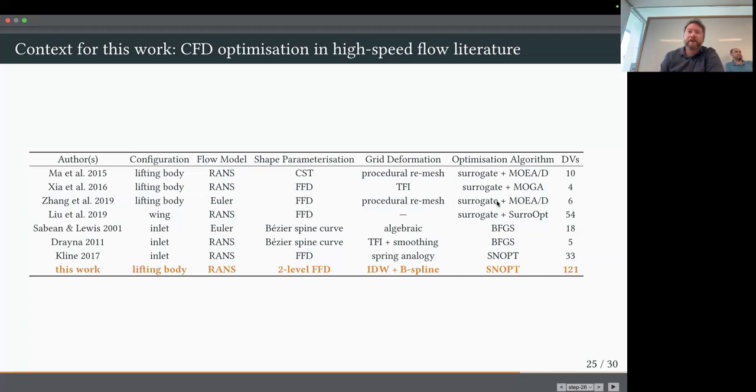Optimization algorithms, ours is gradient based. It's this SNOPT routine. And interestingly, what keeps me excited about this work is we've now gone past 100 design parameters. We have 121 design variables for the lifting body we're going to look at.